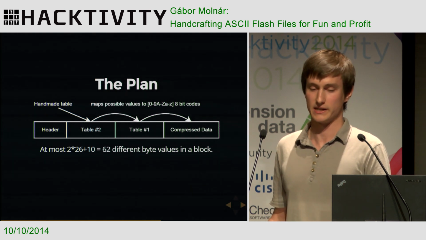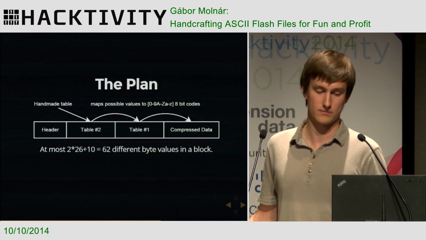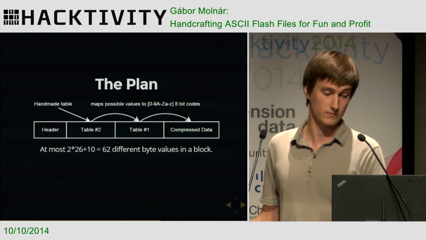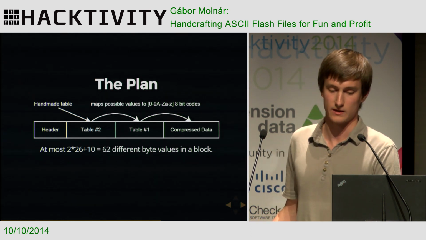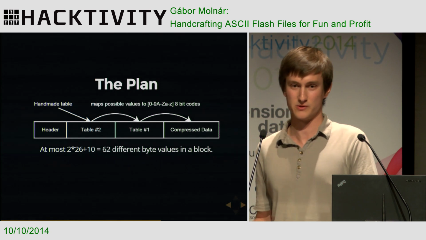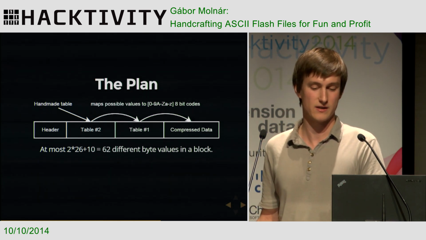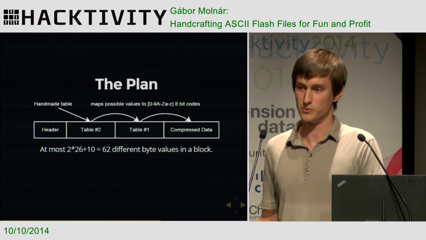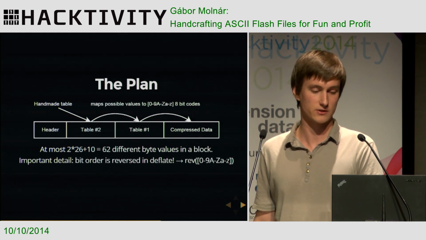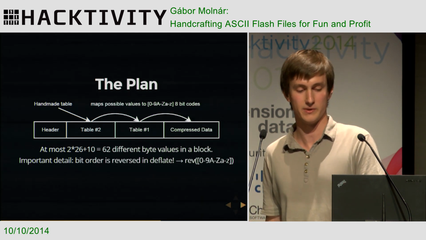This limits the size of a block because we have a finite number of ASCII bytes, 62 different byte values, and one block can only have 62 different types of input blocks. If we reach 62, we need to start a new block.